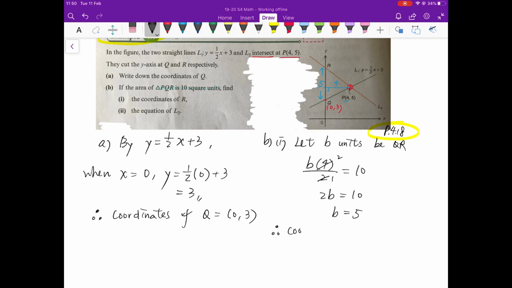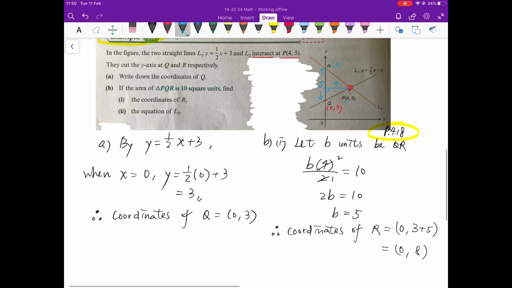So therefore, the coordinates of R will be 0 and then 3 plus 5, and finally it gives us 0 and 8. Again, I put it back into the figures so that we know the value is 0 and 8.